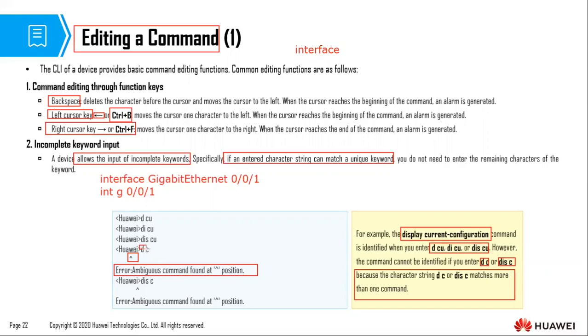We've entered D space and C. When it says ambiguous command, it means that you might have another command that matches this particular short form. You have more than one command that starts with a D, then C. So that is what that means. But these three will work.